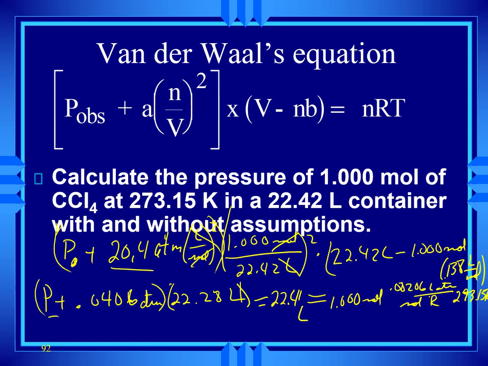I'm going to solve this for pressure, so divide both sides by the 22.28 liters. Oops. Let's check. I think I got the wrong units here. Moles cancel, Kelvin cancels. Oh, that's got to be liter atmospheres. So when I divide by liters here, I'm left with atmospheres.